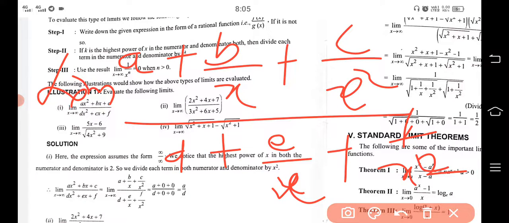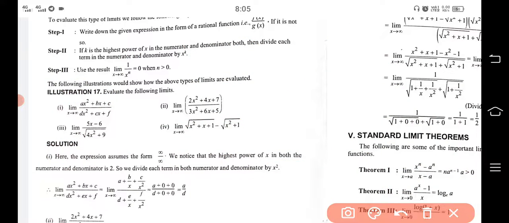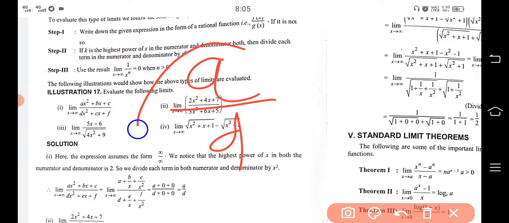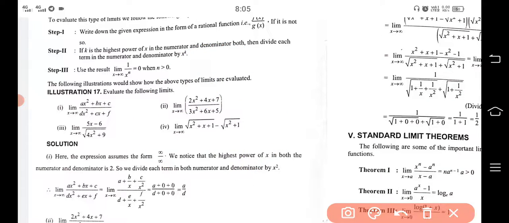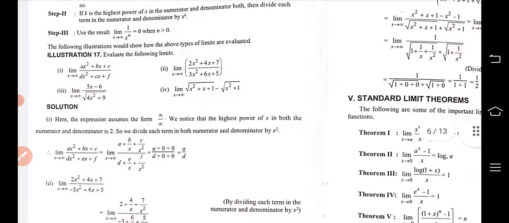And you have to put the limit x tends to infinity now. Remember, if the limit x tends to infinity and 1 by x square is given, then that term will be 0. So here this term will become 0, this term will become 0, this term will become 0, this term will also become 0. So here we have a divided by d. This is your limit. Clear? In this way we evaluate the limit when x tends to infinity.